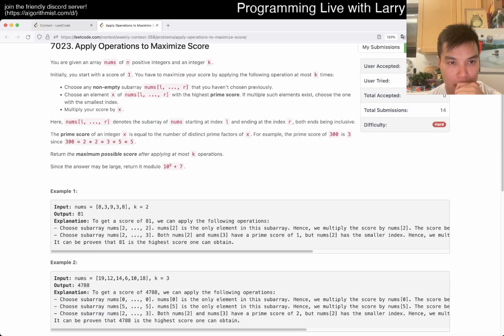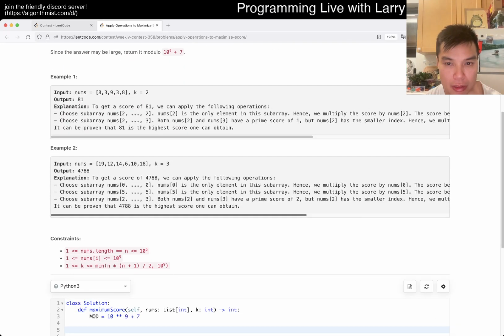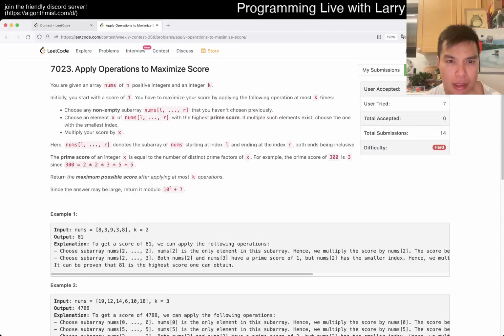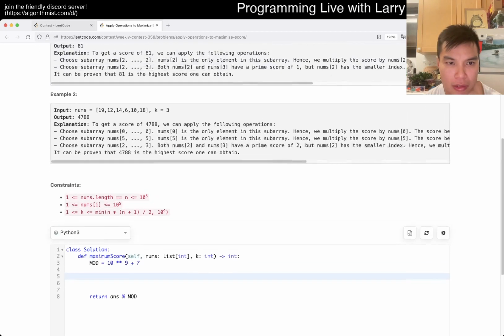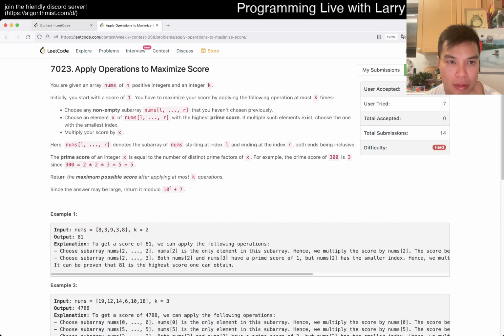So we multiply the score by x every time. Can we do greedy? Seems like it's just greedy, right? We just keep on getting max. Maybe? I actually don't know why we don't just do chosen already. The not chosen already part is very confusing.